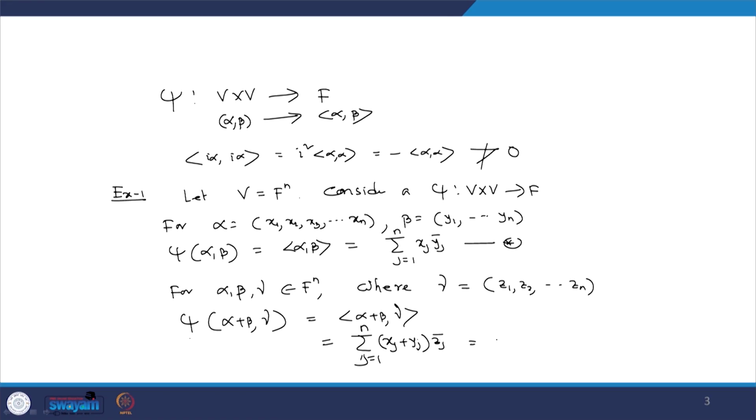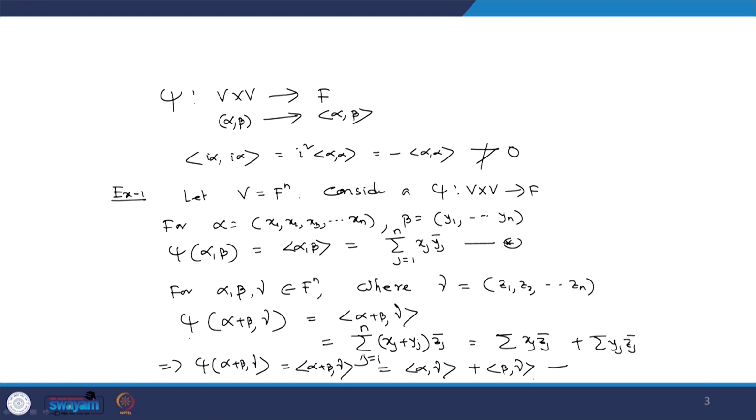So this is equal to sigma xj zj bar plus sigma yj zj bar. This implies the inner product of alpha plus beta, gamma is equal to the inner product of alpha and gamma plus the inner product of beta and gamma. So the linear property holds good.